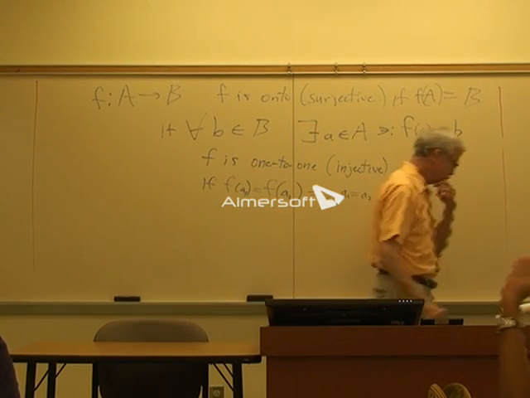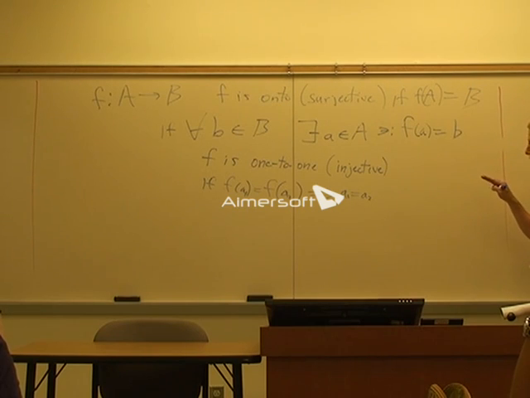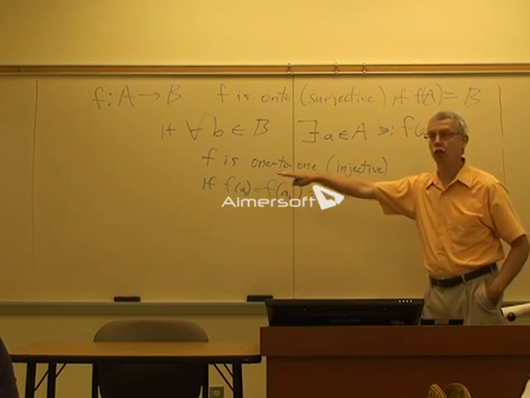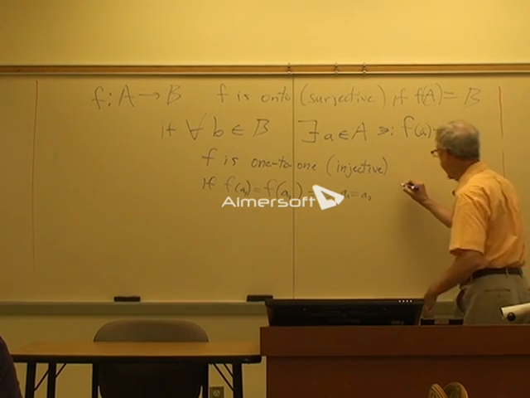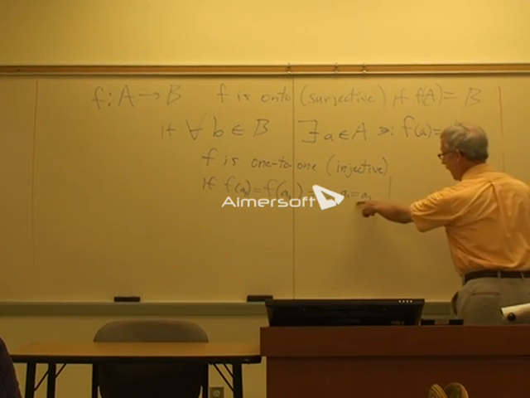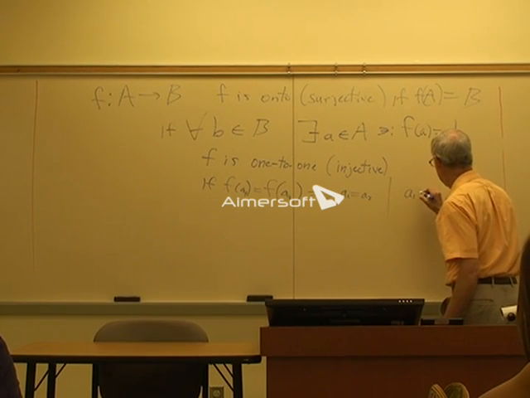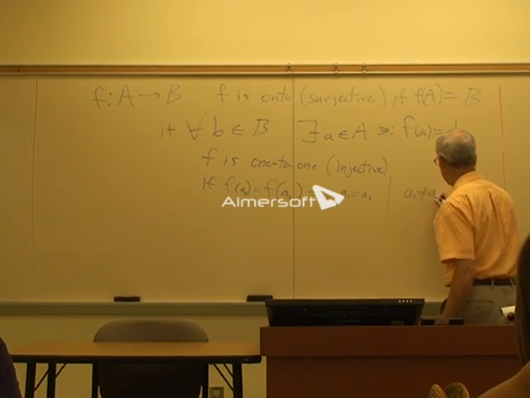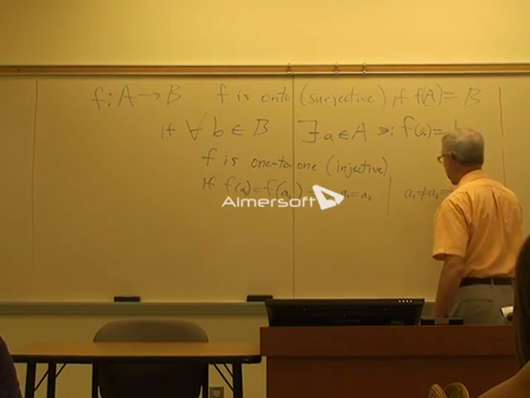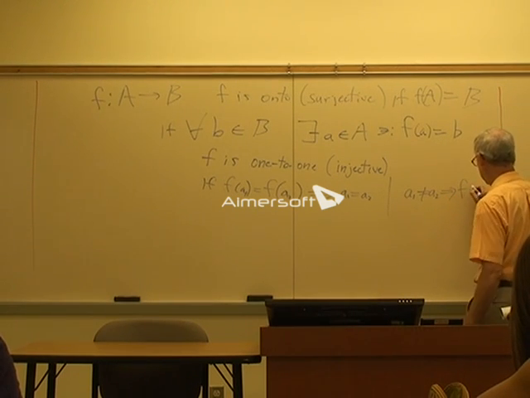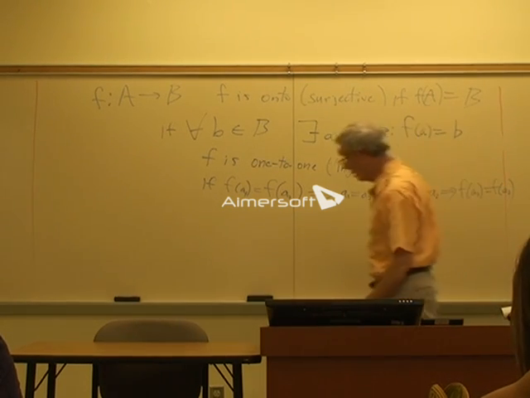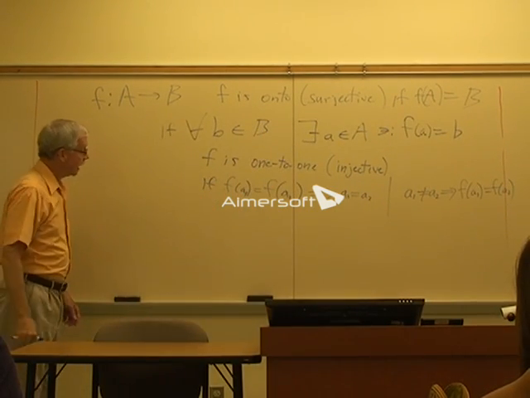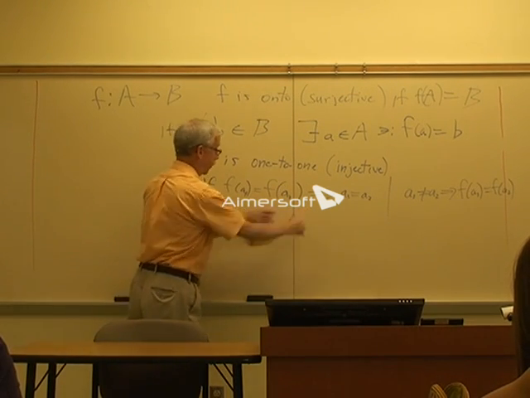And as you learned in Math 423, if I take the contrapositive of this statement, I can equivalently say, negate this one, implies the negation of the other one. Or in other words, I never send two different things to the same place.